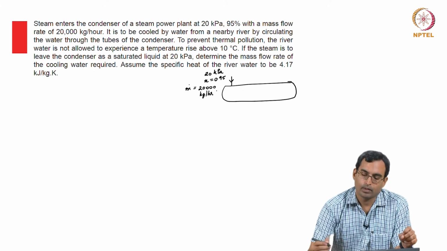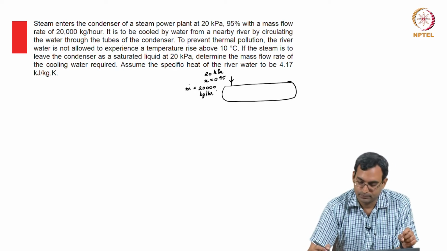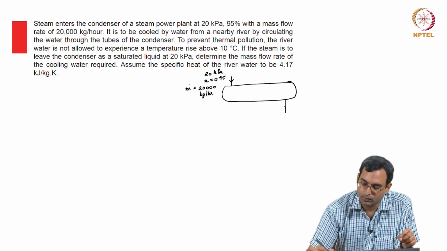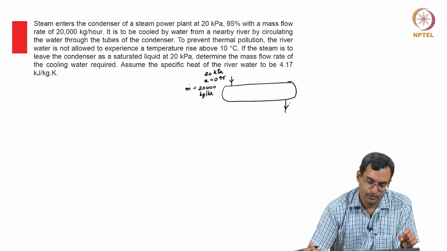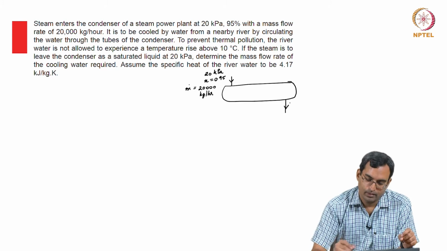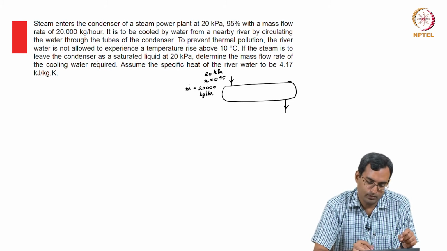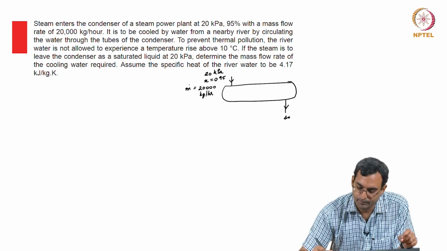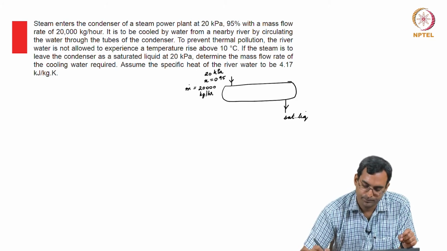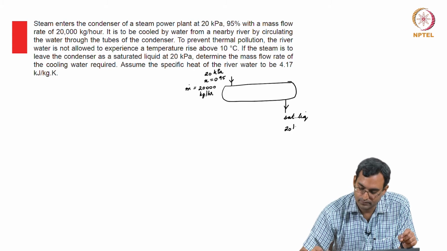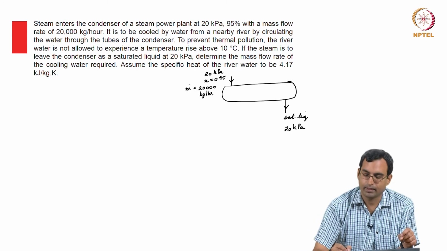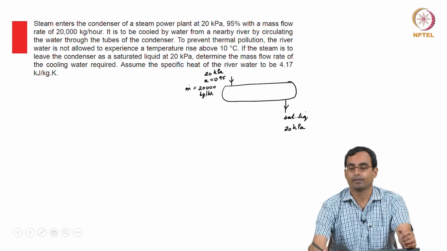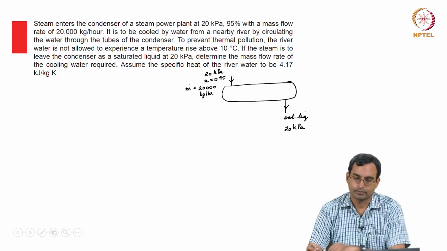It is cooled by water from a nearby river. So, the steam comes here and goes out here. What it says is that the steam is to leave the condenser as a saturated liquid at 20 kilopascal. So, here it is coming in with a quality of 0.95, here it is leaving a saturated liquid.